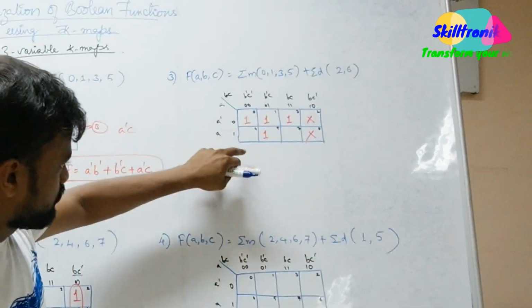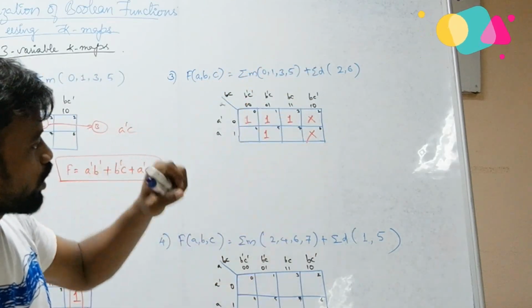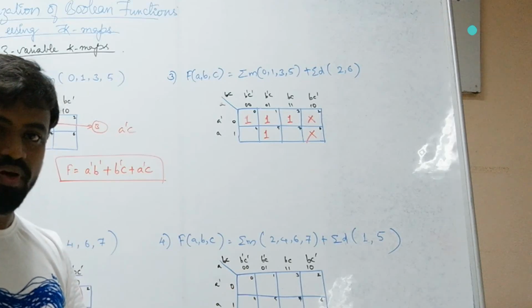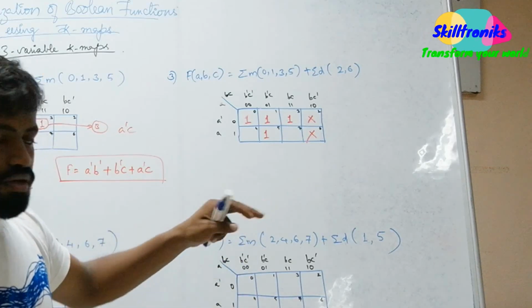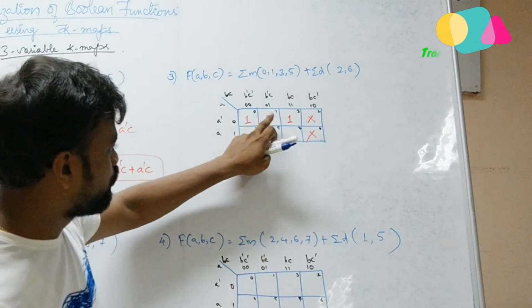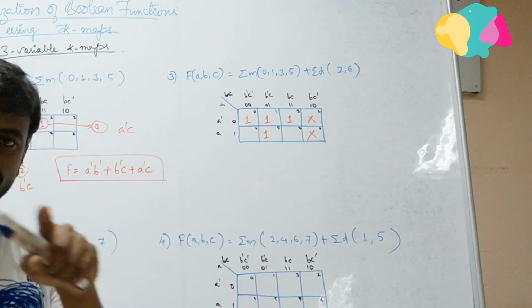In this particular example, you are having 3 ones here, and in order to form a larger size group in terms of powers of 2, it is 2 power 2, that is 4. That means if you are having 4 ones in a sequence, you can form a horizontal quad.